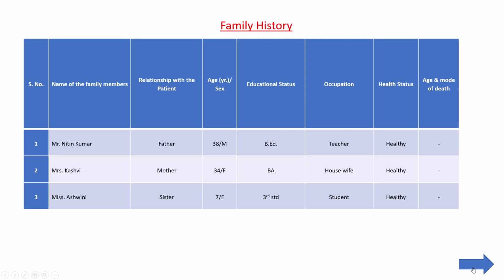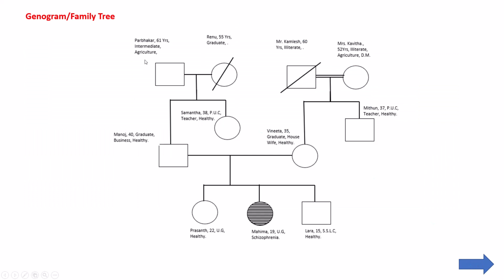In the genogram, you will get some more explanation. Here there are three generations: one, two, three. This person had the problem. Everything here is an example, not about any particular patient. Here, the example patient is Mahima, 19 years, studying UG.